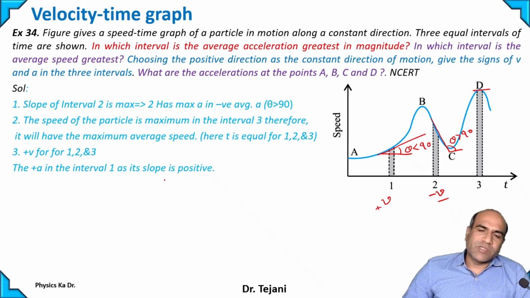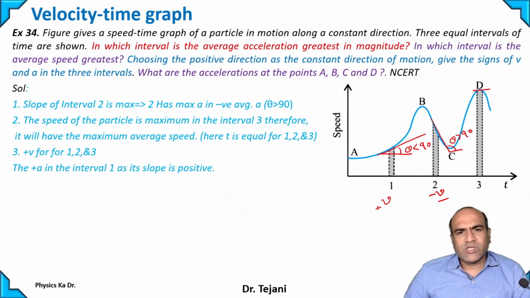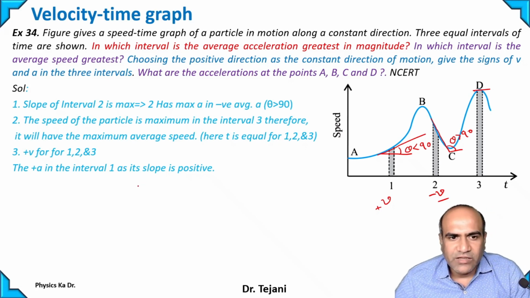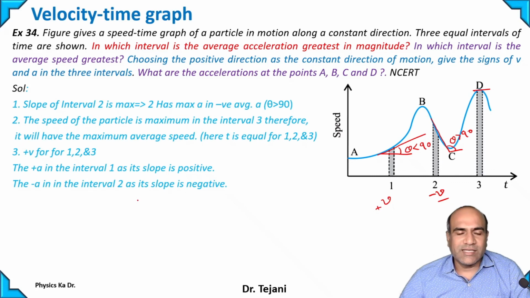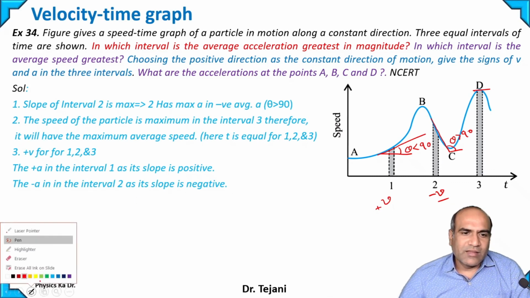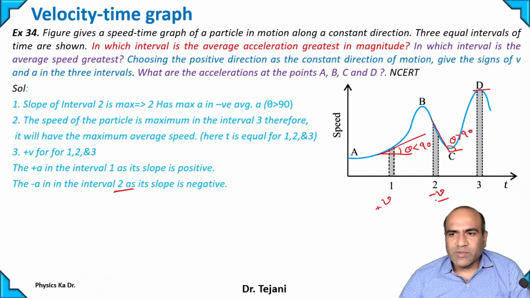as its slope is positive. If the slope is positive, acceleration is positive; we can get that very easily. If the slope is negative, acceleration is definitely negative. You can also identify with this that velocity is increasing.